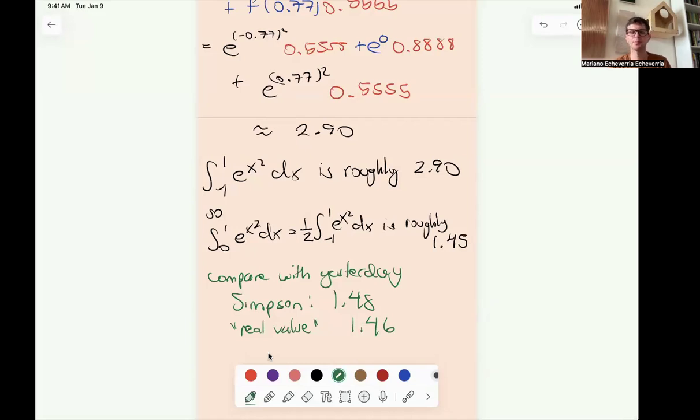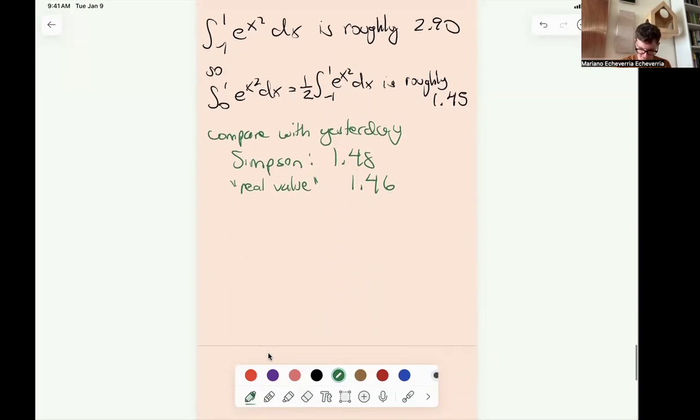Okay, so let me explain a little bit about why Gauss Legendre is an interesting approximation.